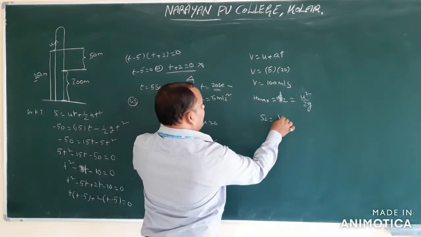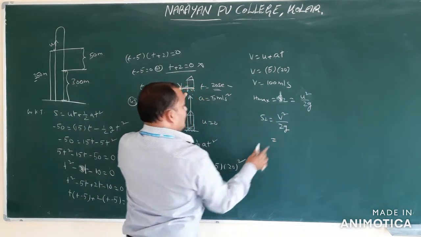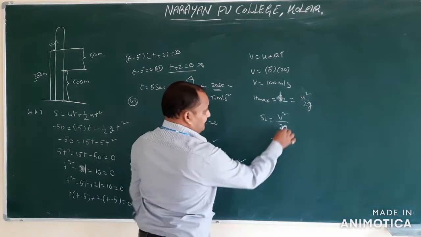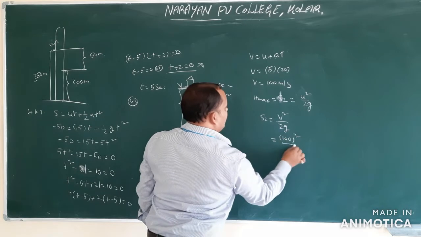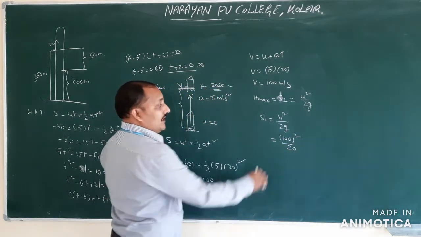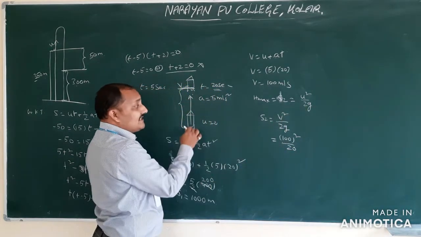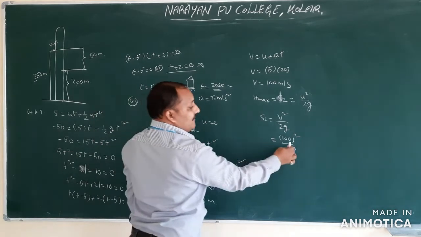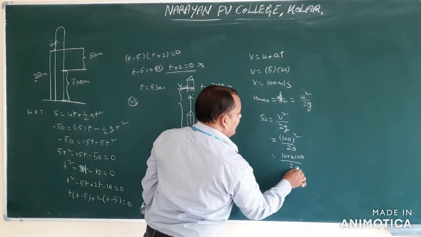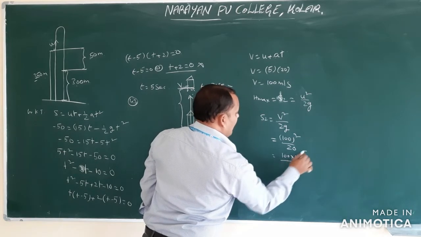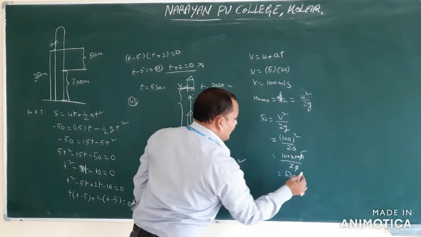Therefore, S2 is equal to v square by 2g. The v value we got is 100, so 100 square by 20. Here in this case, we will take g value, since it is not going by itself now. Therefore, 100 into 100 by 20, which is 500 meters.